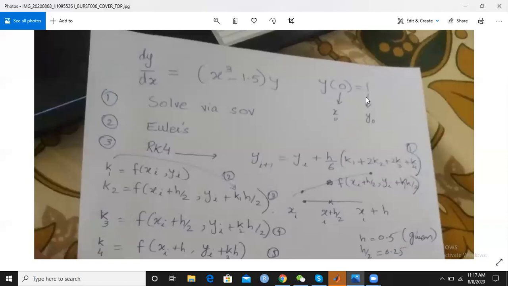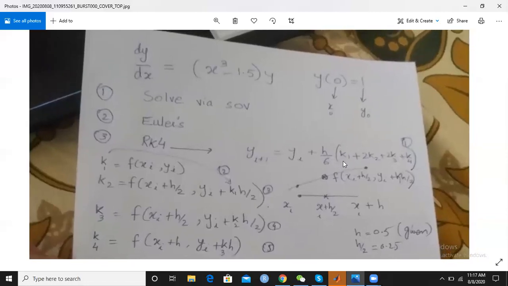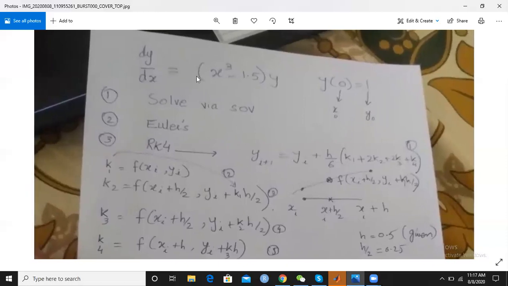At all these x points you will find the values for y. Otherwise the examiner can ask you to perform 4 iterations or 5 iterations, or he can straight away ask you to find y of 2 is equal to question mark, y of 4 is equal to question mark, and he will give you the step size. Okay, is that understood?